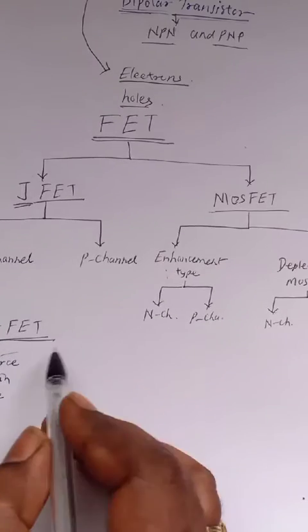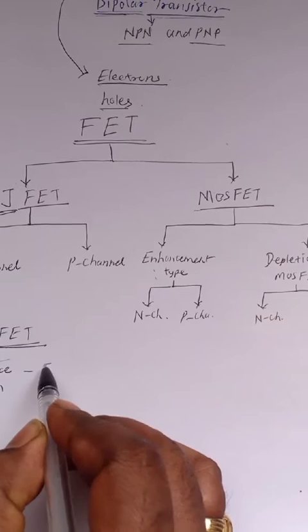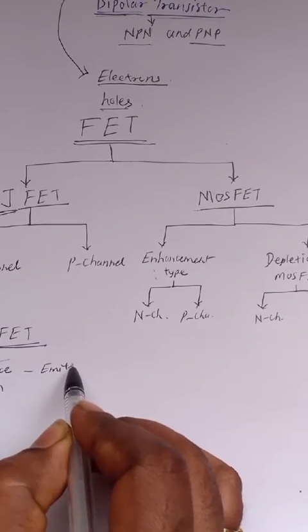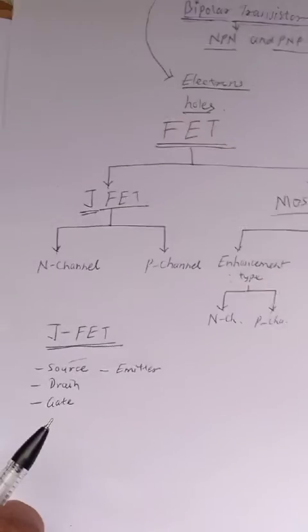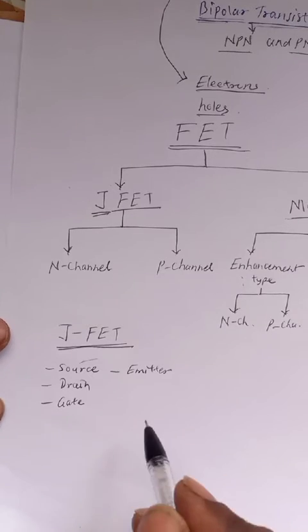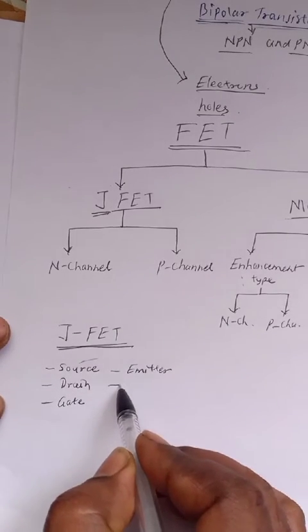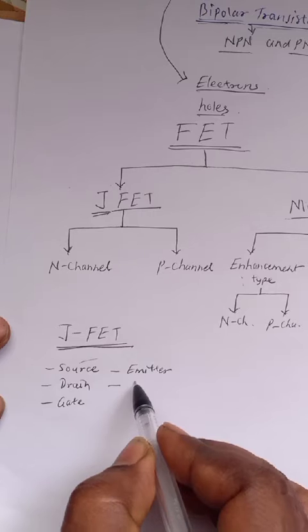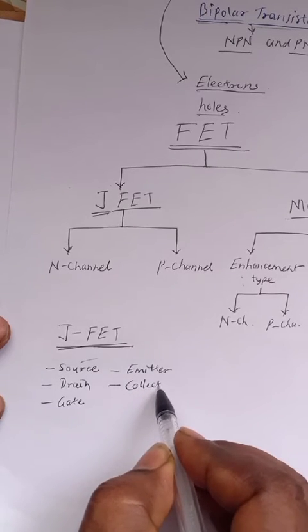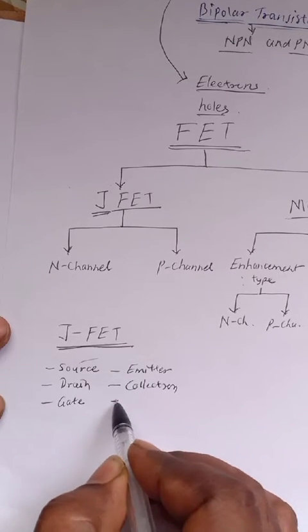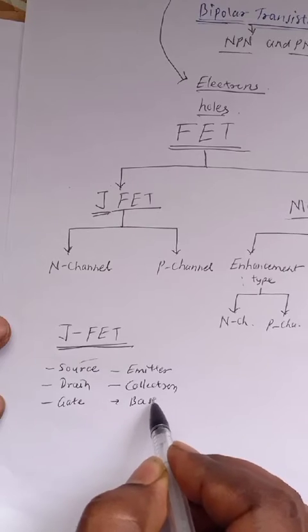Source is like an emitter in an NPN transistor. Drain is like a collector, and gate is like a base.